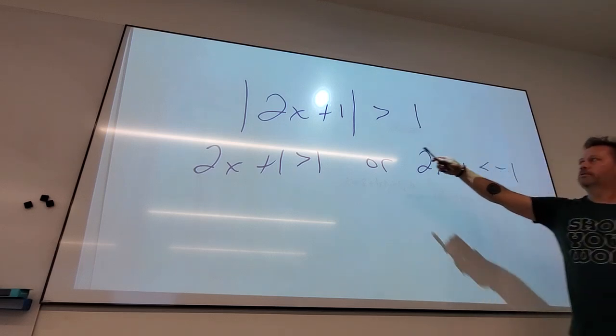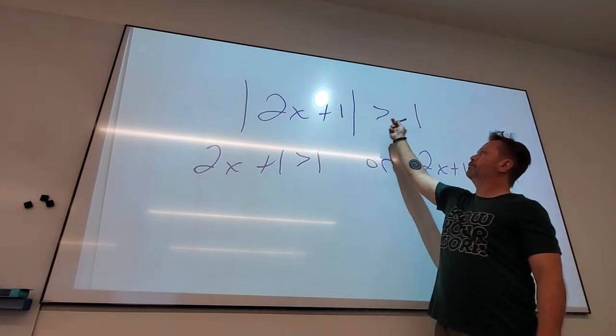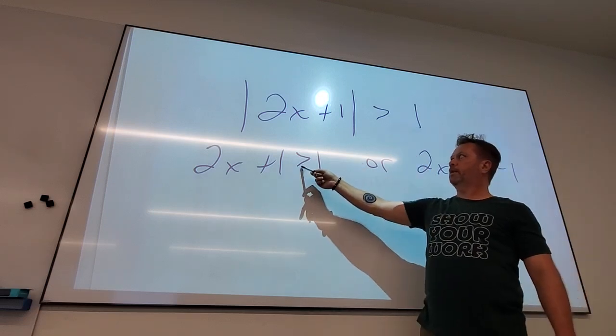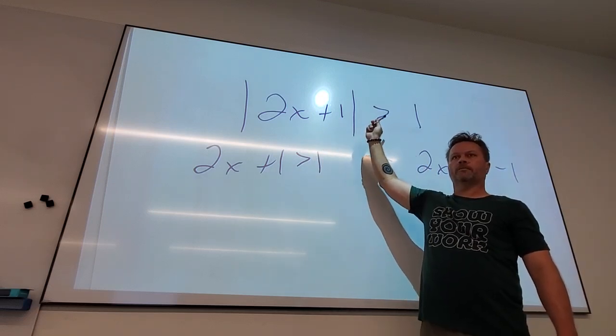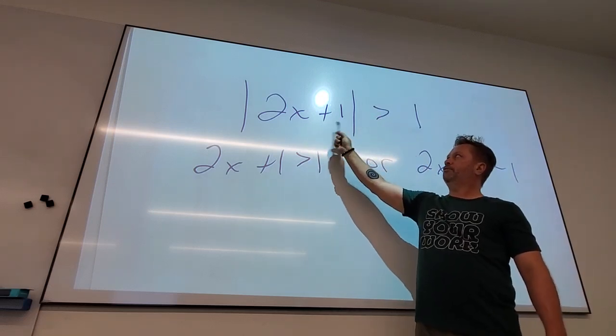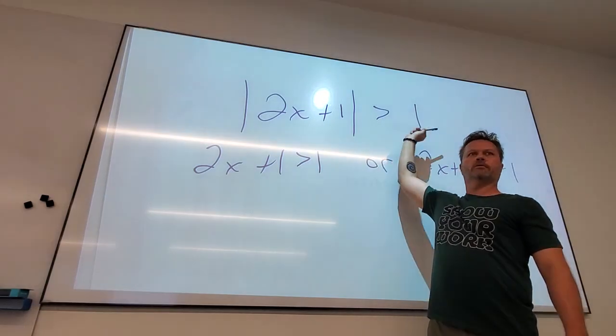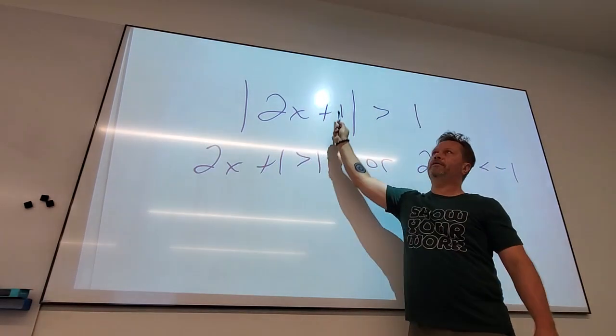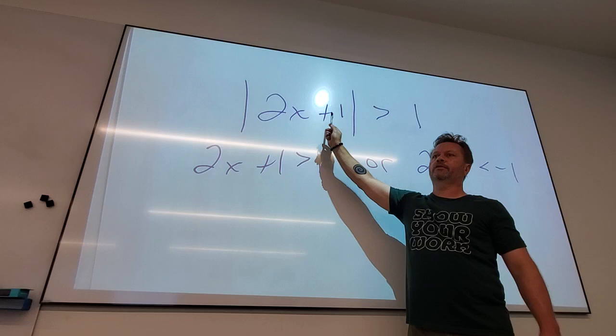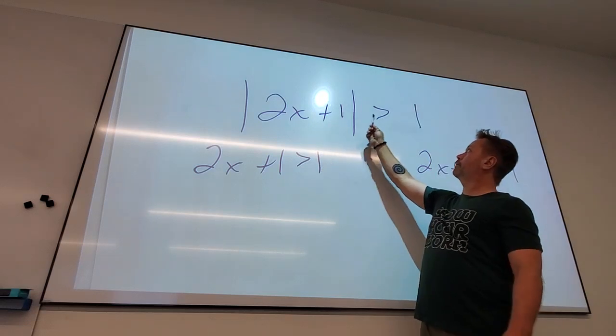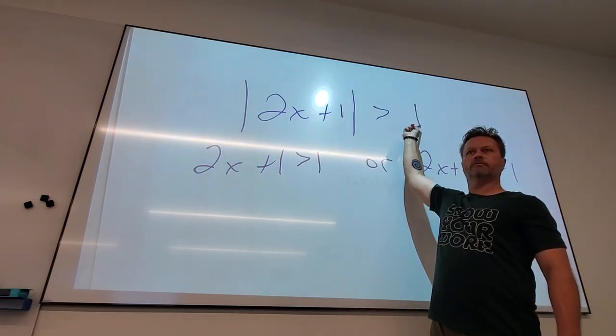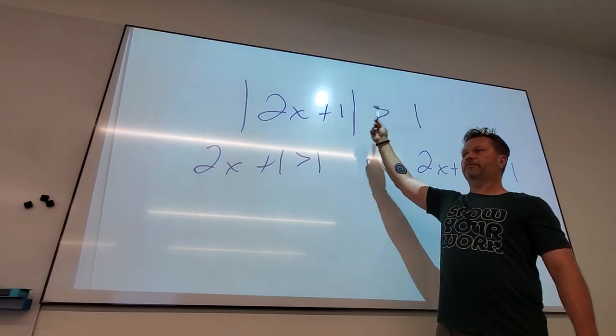Just to remind you, if I made this number 2, it would work. Any number bigger than 1 would work. If I made this number negative 1/2, is this true? What's the absolute value of negative 1/2, and is that greater than 1? Is 1/2 bigger than 1?